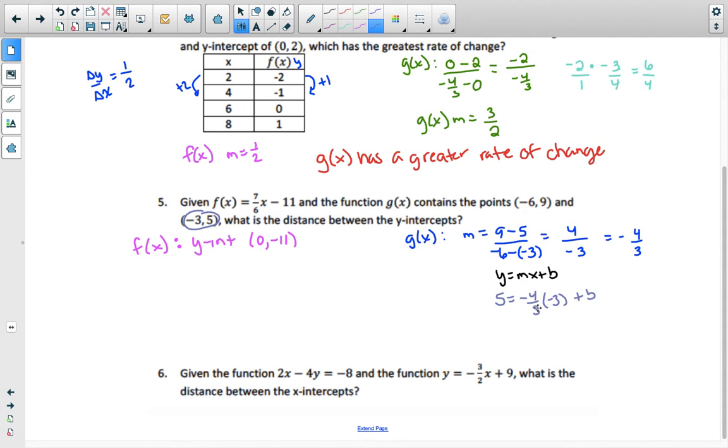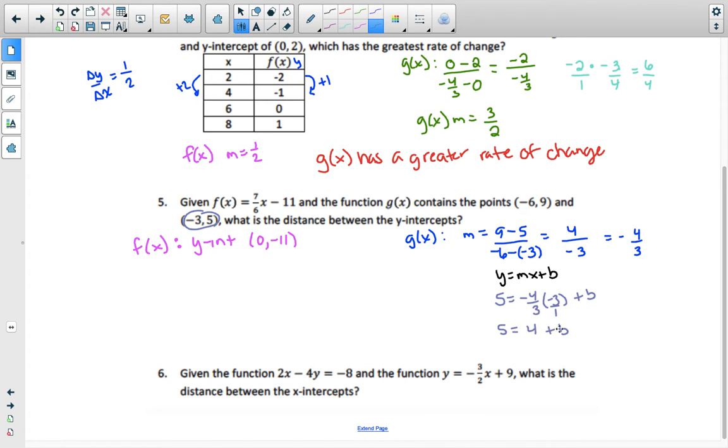So -4/3 times -3 is what we need to simplify. So we have 5 equals, this is over 1, -4 times -3 is a +12, 3 times 1 is 3. So we have a +12 divided by a +3, which is equal to a +4, and then adding b.